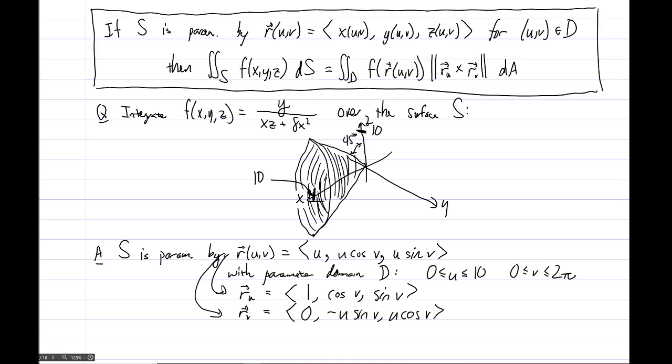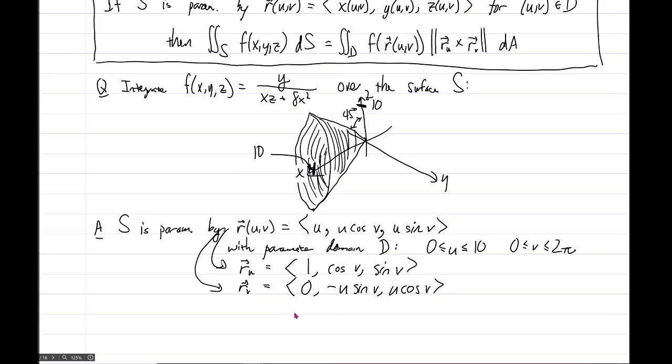We will skip the hand calculation of the cross product. You should go and check, but when you do so, you will get u comma negative u cosine v comma negative u sine v.